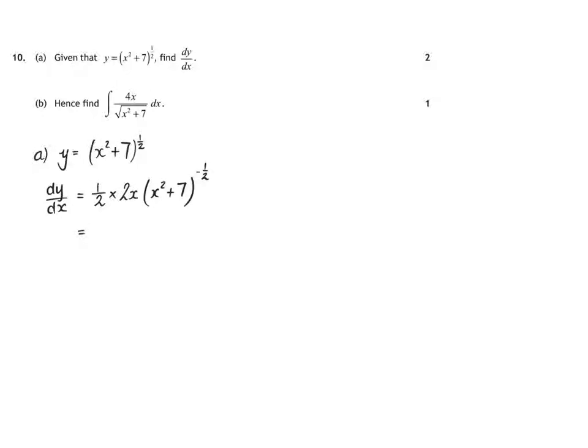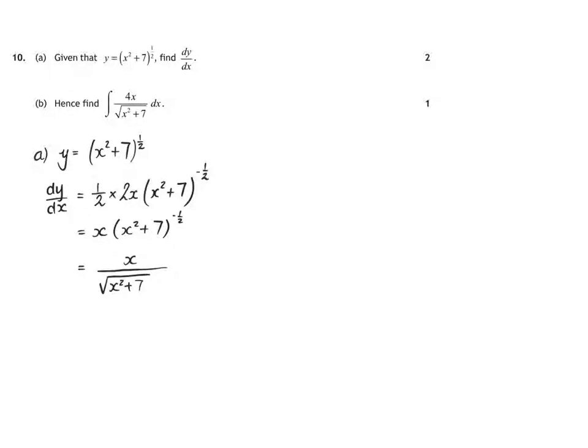So a half and 2 cancel each other out, so we get x times (x squared plus 7) to the minus a half, or we can rearrange that, slightly looking ahead to part 2, to x over the square root of x squared plus 7.